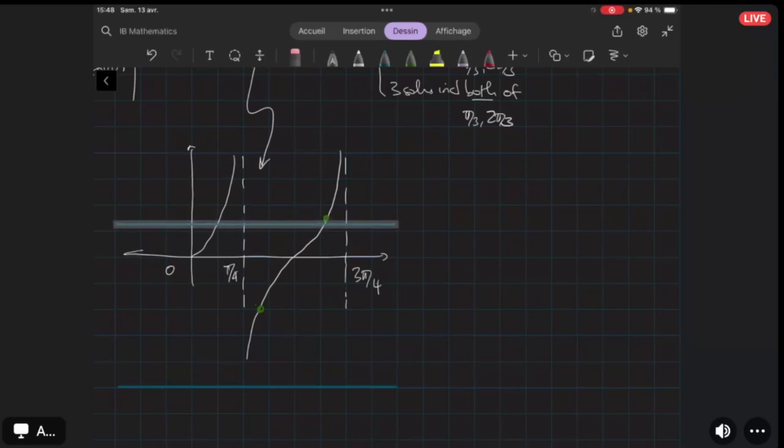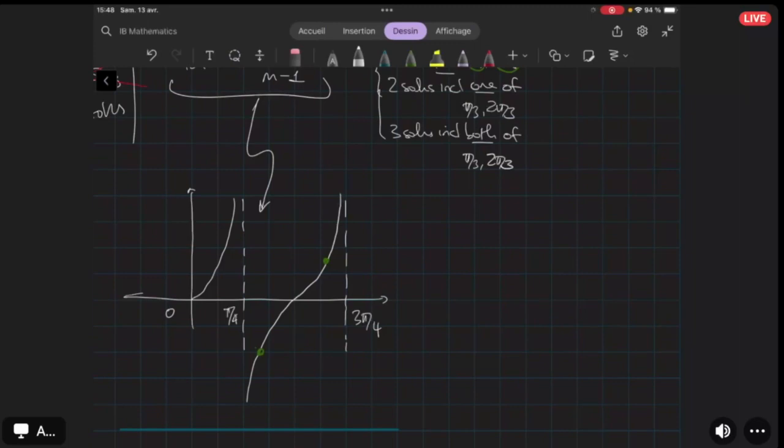How many solutions do we have here? 2. Here? 2. Here? 1. And going down, 0, back to 1. So if I am to summarize the results, if you're anywhere up there, up to this point over here, you have 2 solutions.